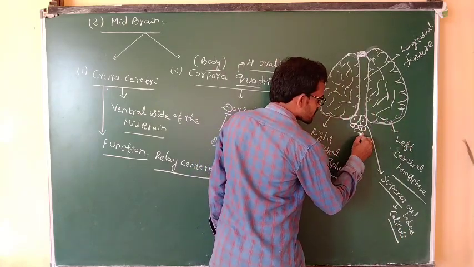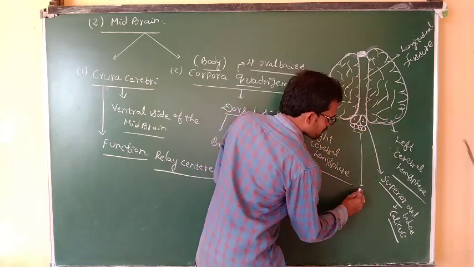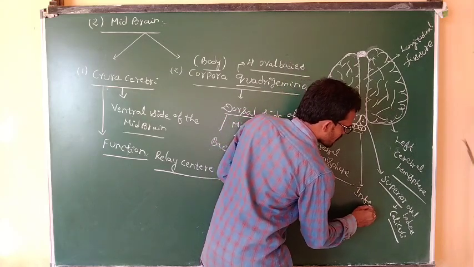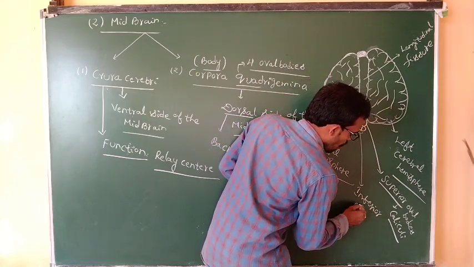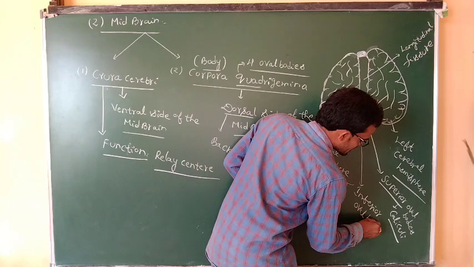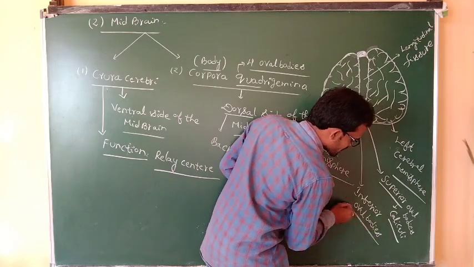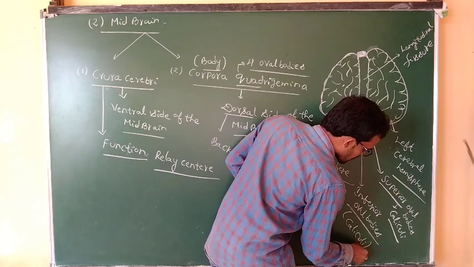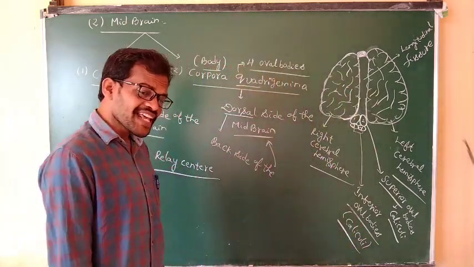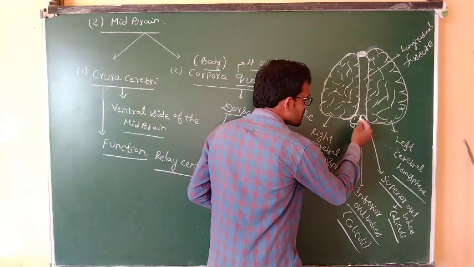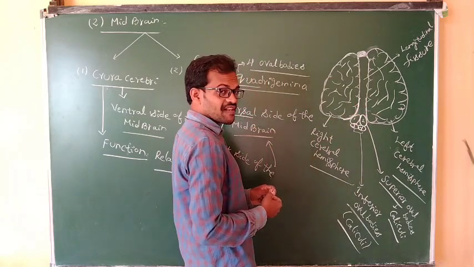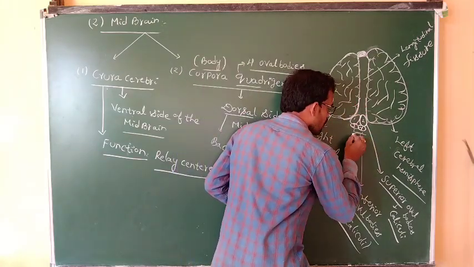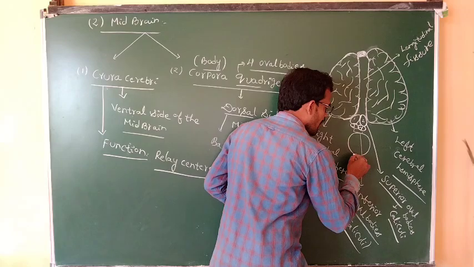The second, the inferior vowel bodies, are also known as inferior colliculi. After the superior and inferior vowel bodies, there is the cerebellum.